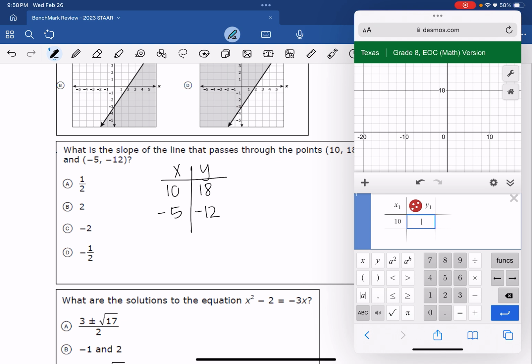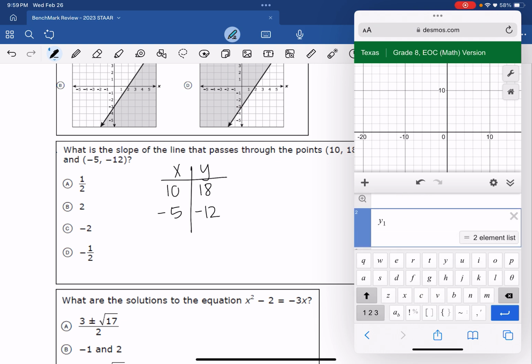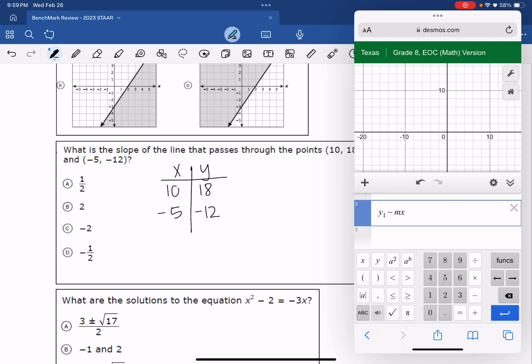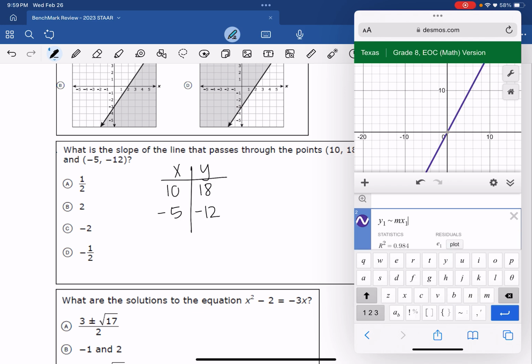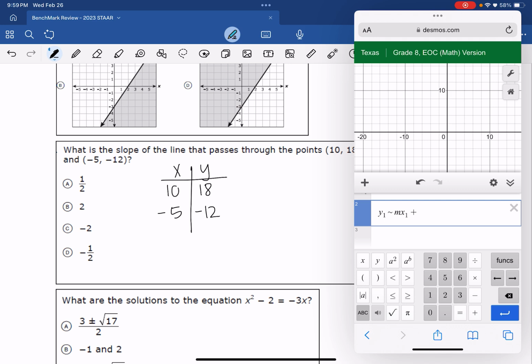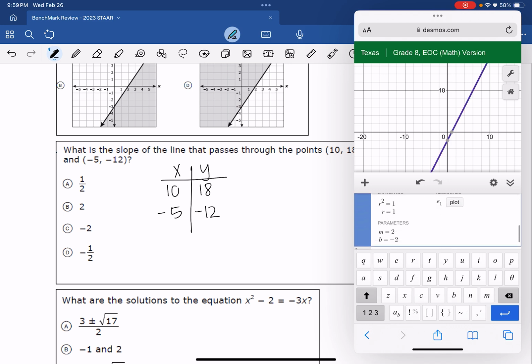We have 10 and 18, and negative 5 and negative 12. Our special equation, y1 tilde mx1 plus b. So our slope is 2 and our y-intercept is negative 2, but it wants the slope of the line. With m being 2, our answer is B.